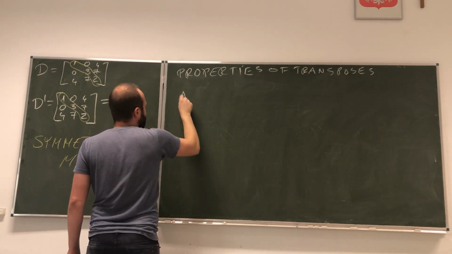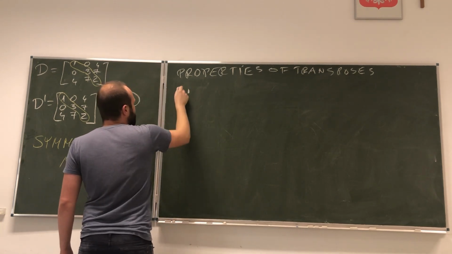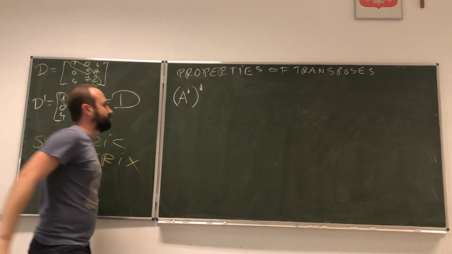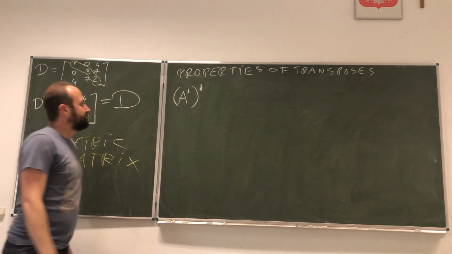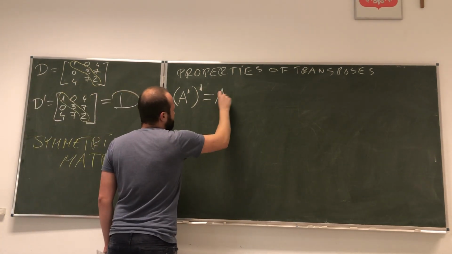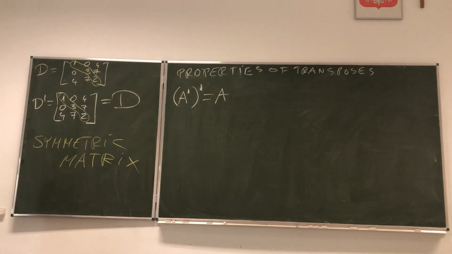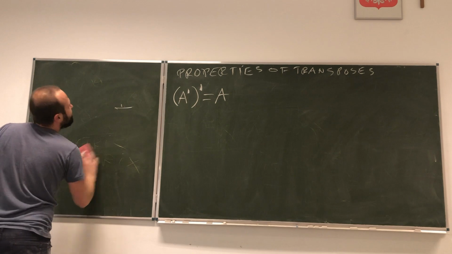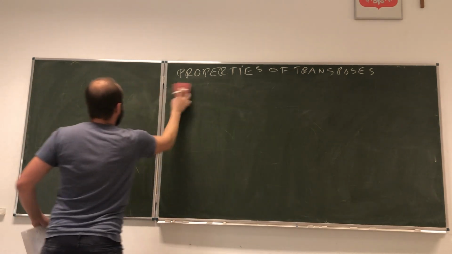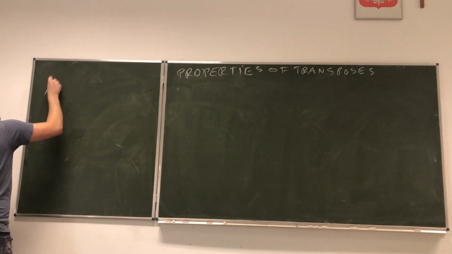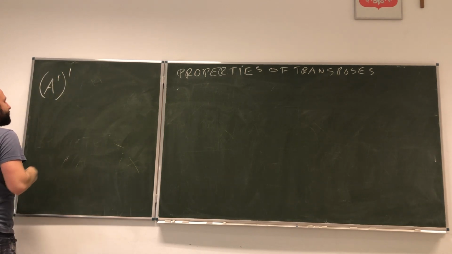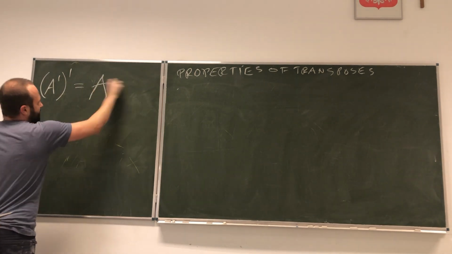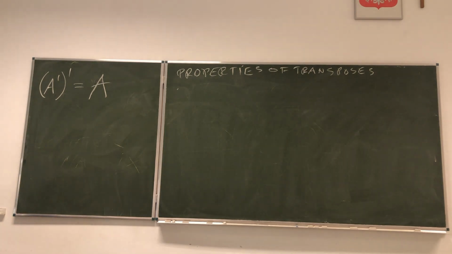First one, very simple. The transpose of a transpose of A is simply A. If I transpose matrix A and then transpose the transposed matrix, I'm going to get A.